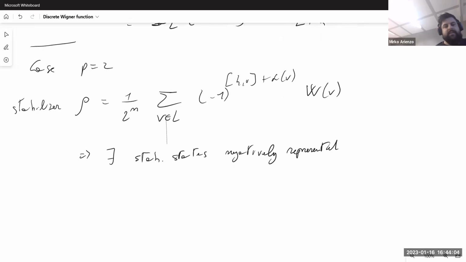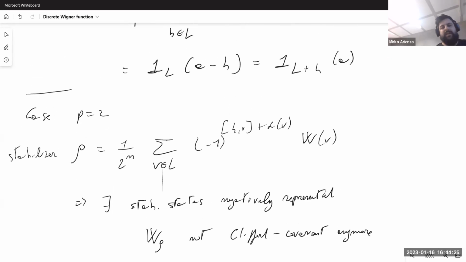Another consequence of this additional phase is that the Wigner function associated to a stabilizer state is not Clifford covariant anymore. I'm not writing any equation here because it's literally the same calculation, but every time here you will have this -1 to the alpha of b that will break things.